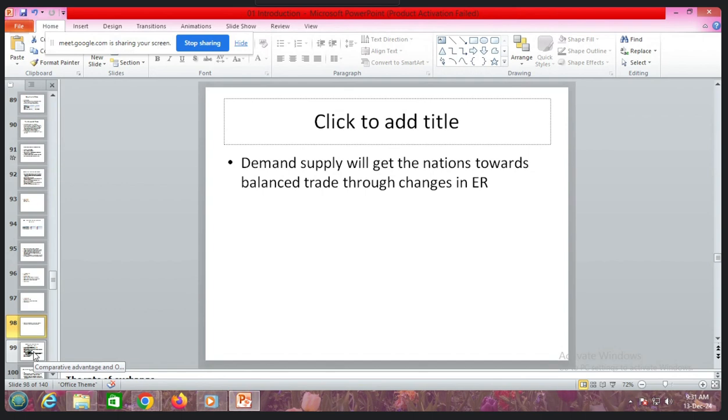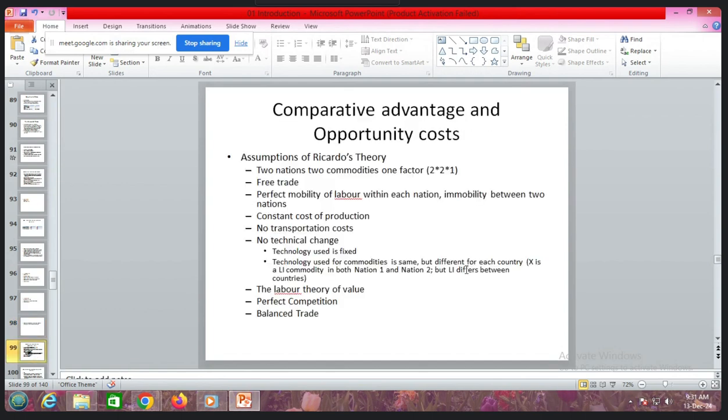The next theory that we are going to do is what we call comparative advantage and opportunity cost. This is the third theory that we are going to do. So today I'll be doing constant opportunity cost, and in the next lecture I'll be doing increasing opportunity cost.